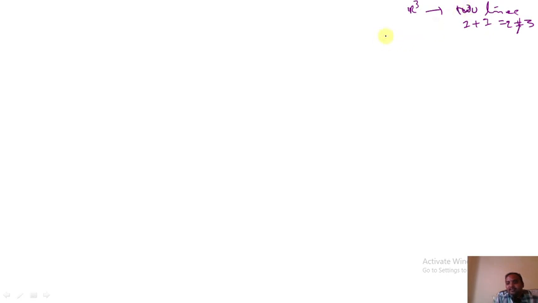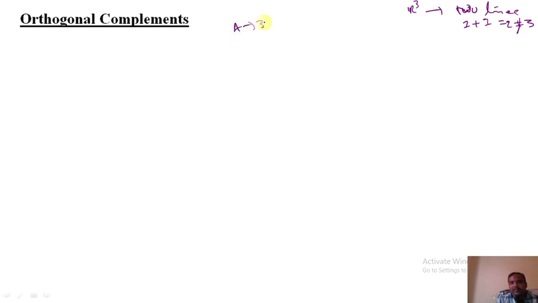So you take a matrix. Suppose it is a 3 by 3 matrix. You are finding the row space, column space or null space, whatever. We are finding the row space. Suppose the dimension of the row space of A is 2. The dimension of the null space must be 1.